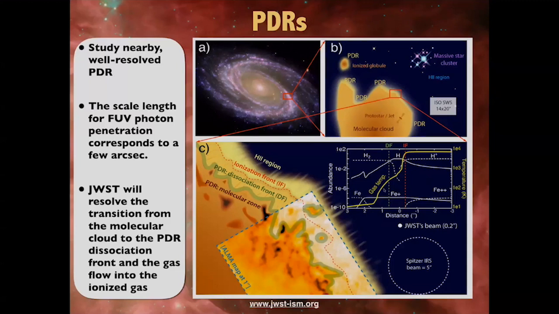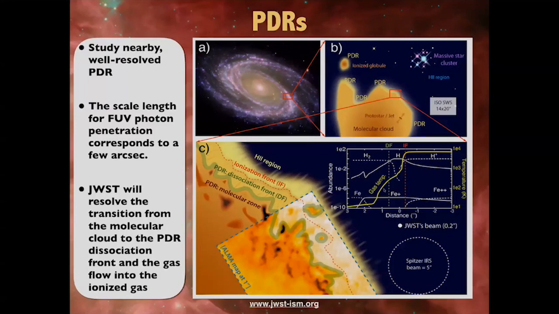That scale is basically the same as the scale at which, for example, chemical processes occur that change the population of the PAH molecules. In that sense, that's where JWST will contribute.